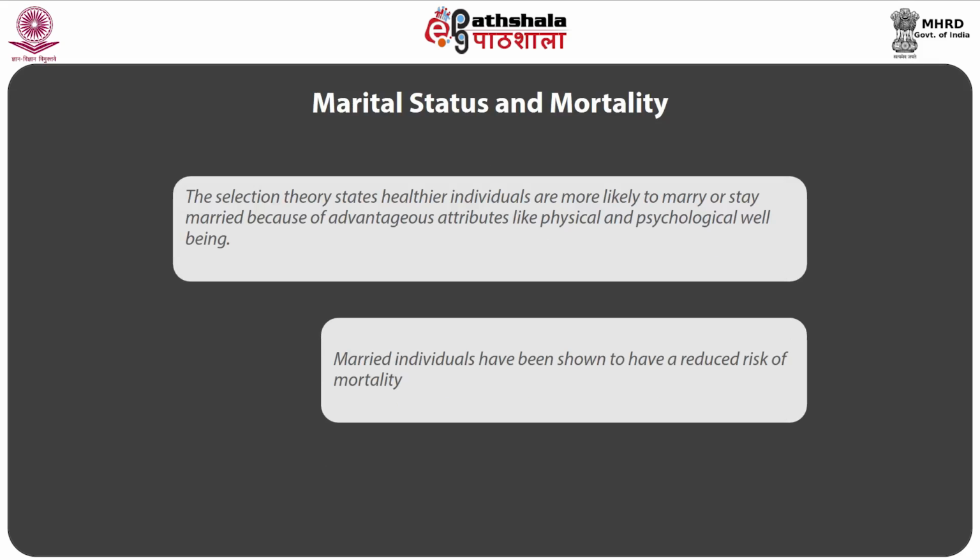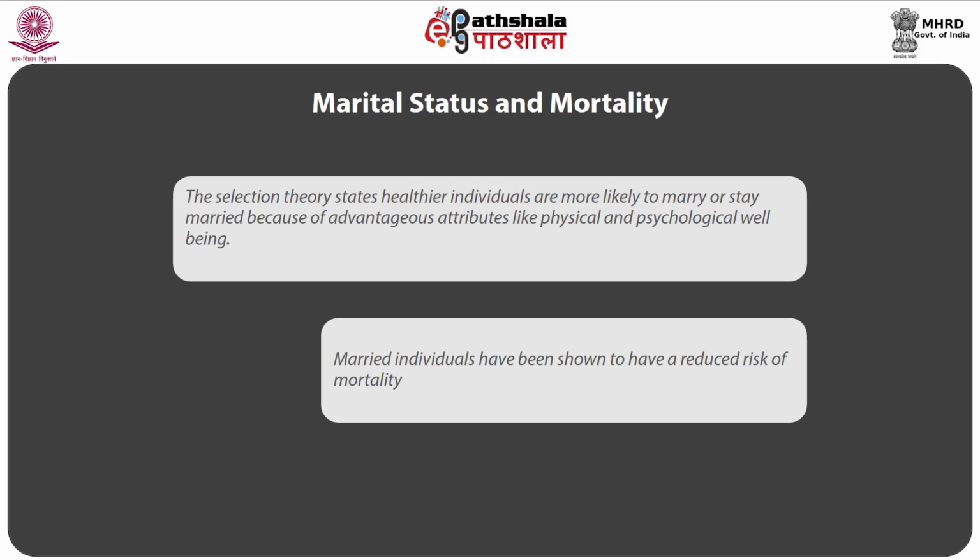The selection theory states healthier individuals are more likely to marry or stay married because of advantageous attributes like physical and physiological well-being. Married individuals have been shown to have a reduced risk of mortality.